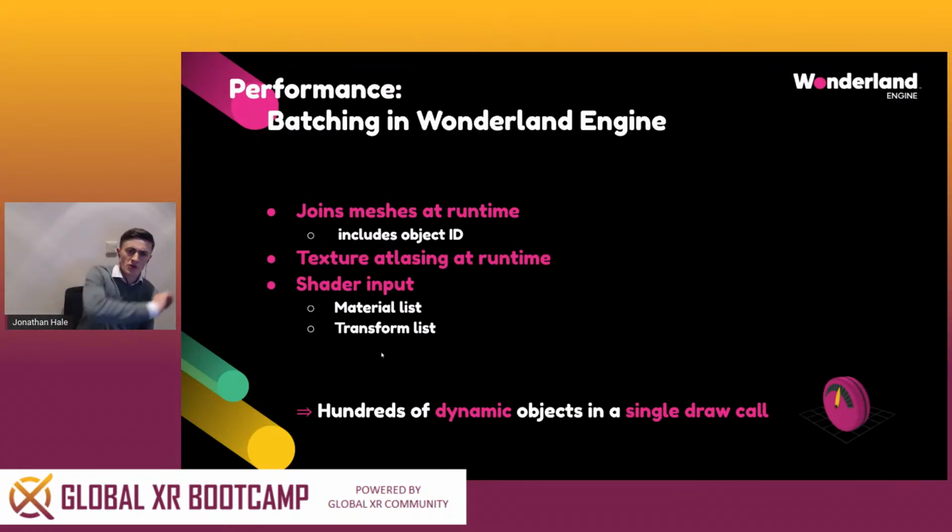Let me look up 0 in the list of materials. Okay, that's this material, and in the list of transforms, I know for this object ID I need to put these vertices at a specific position. And that allows us to draw hundreds of dynamic objects in a single draw call.